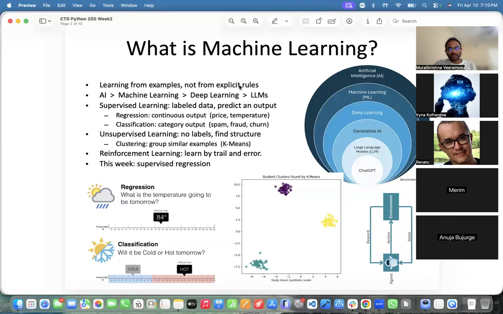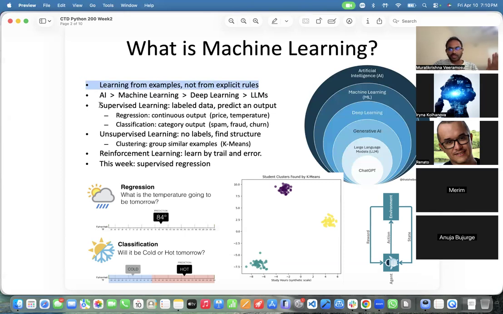But with machine learning, we are not giving all these rules or conditions. We are giving hundreds or thousands or even millions of cat images to the machine learning model, and it will create its own rules in order to predict the output, right?